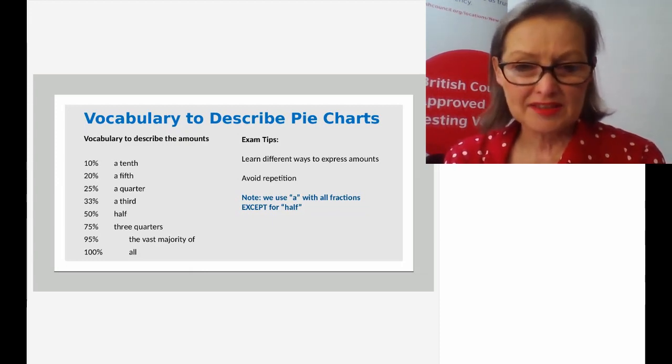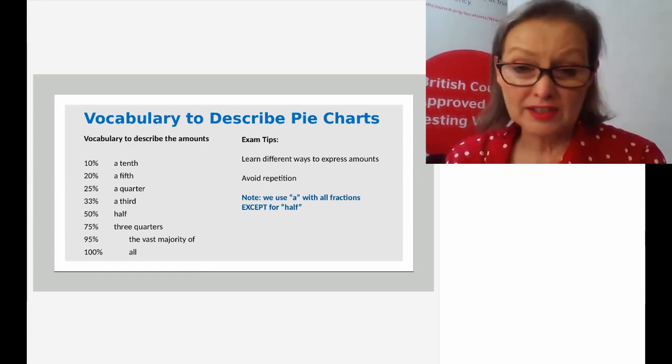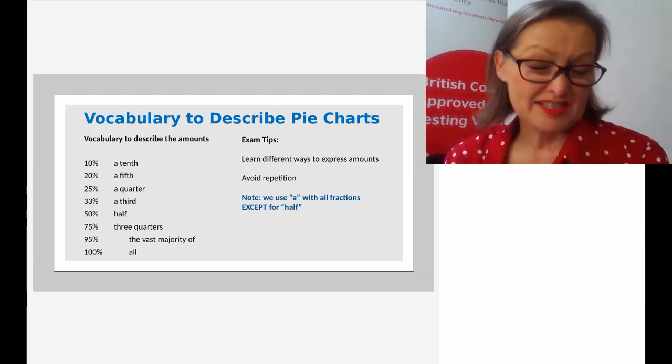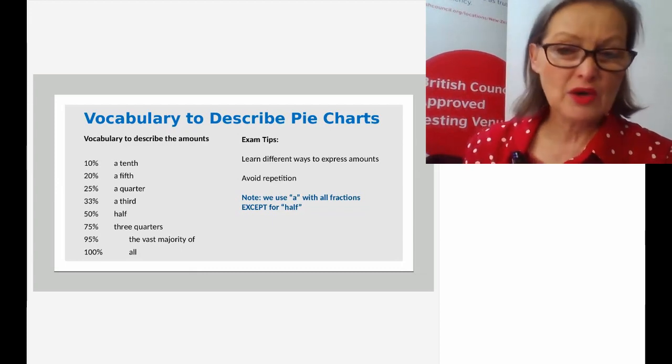And notice here, we don't say a half. With every other fraction, we can use a or one, or when we get to 75%, 3/4. But with half, we have no article.